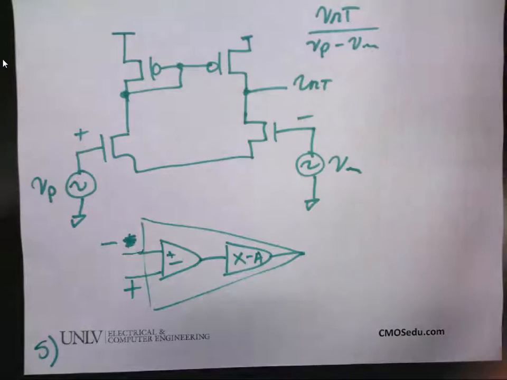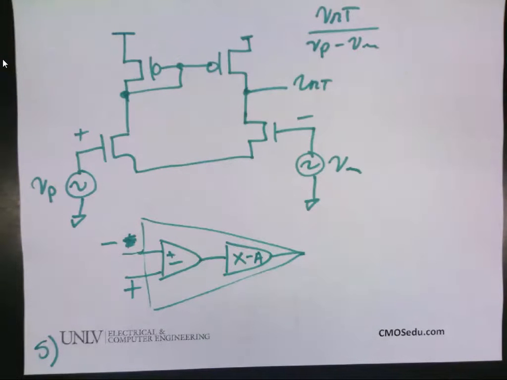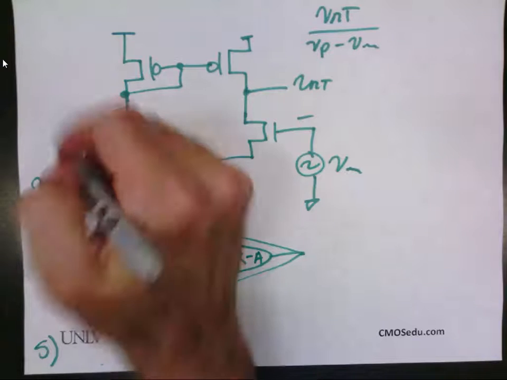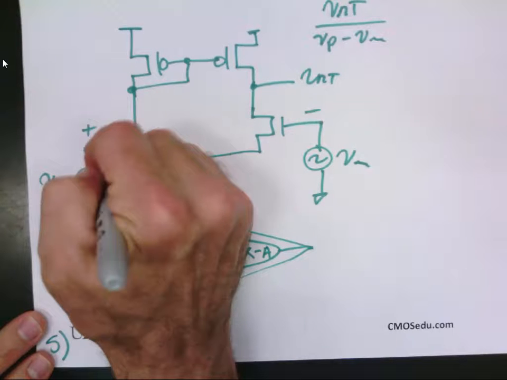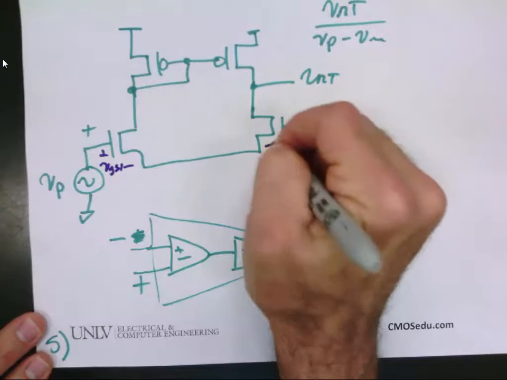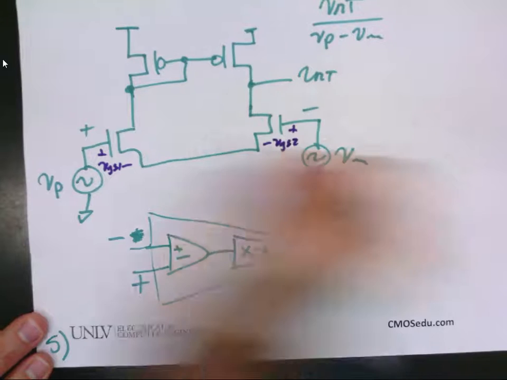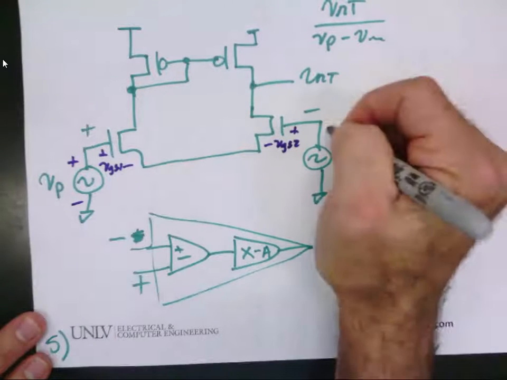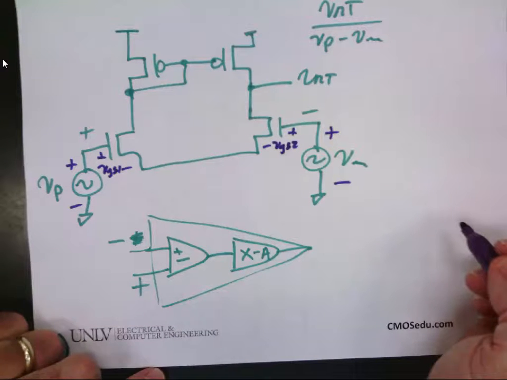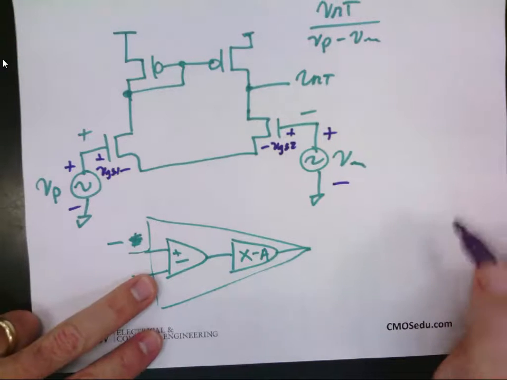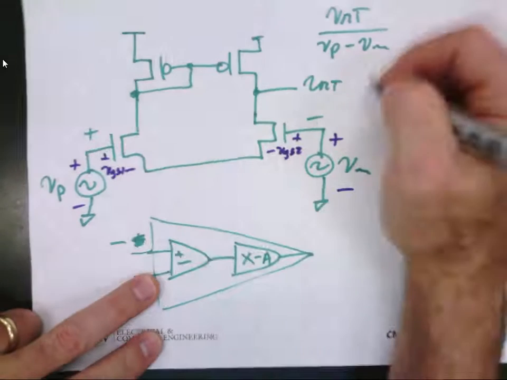Okay, so tell me how to find the gain. Let's start out, this is exactly the same way I did before. Let's label the VGS's: plus, minus, plus, minus. So I'm going to write this. I want you to do it with me. We'll start going this way. I'll start you out.